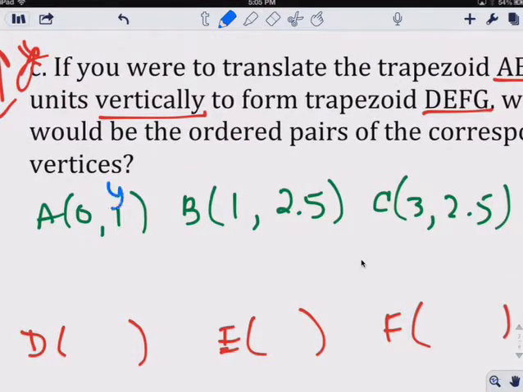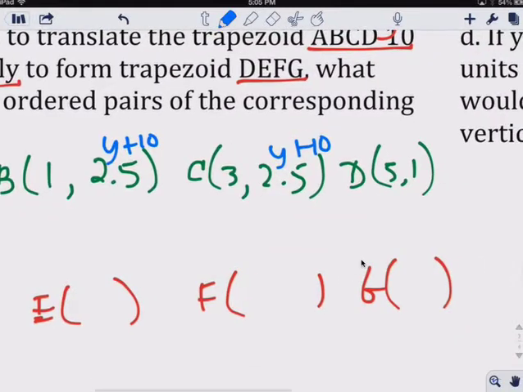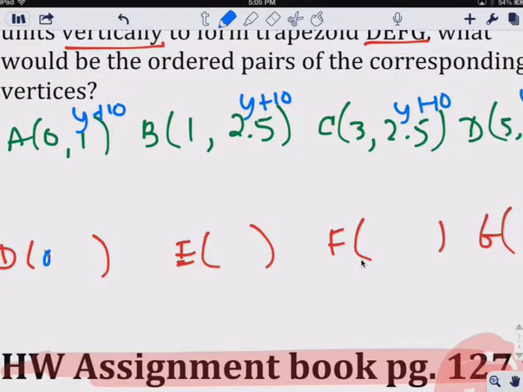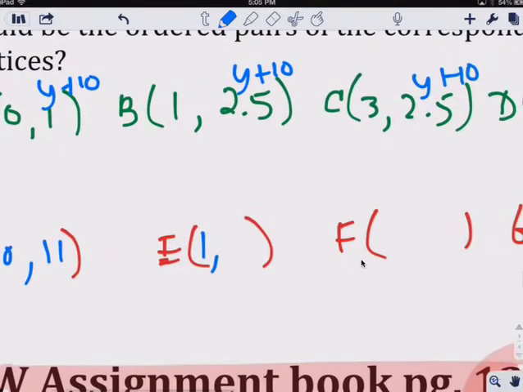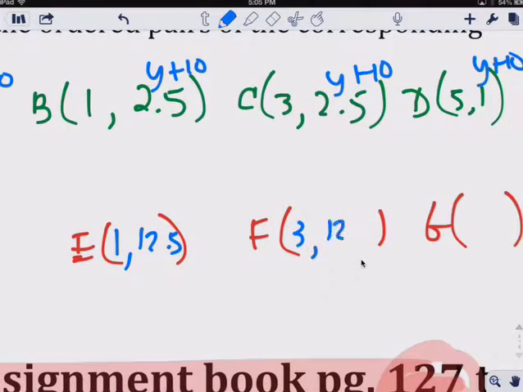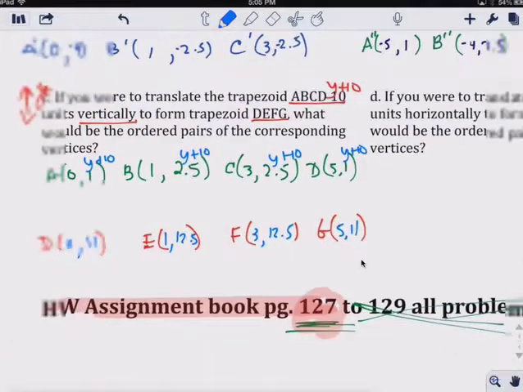So you do y plus 10, y plus 10, y plus 10. I need to show work. Y plus 10 here. Okay? So we get 0, 11 for the first one, 1, 12.5, 3, 12.5, 5, 11. Okay, that should be easy.